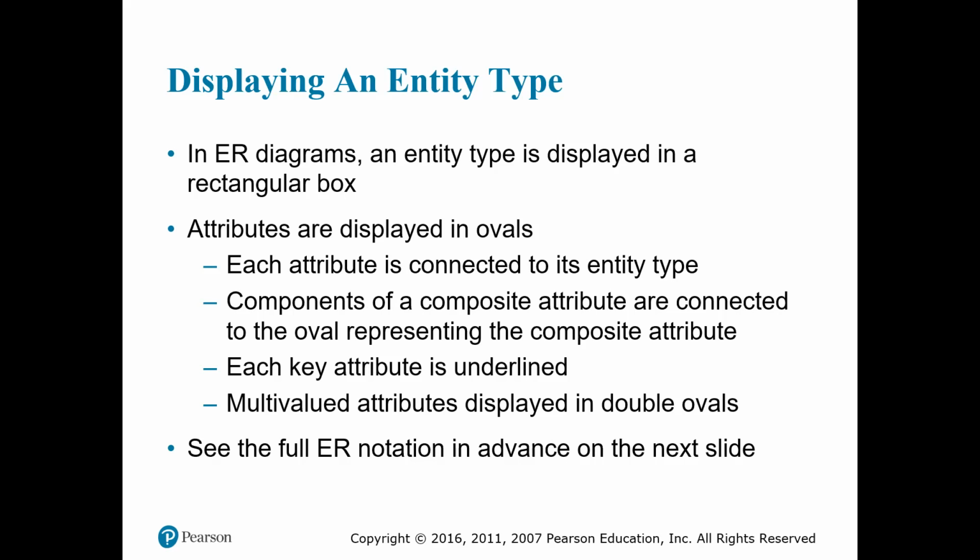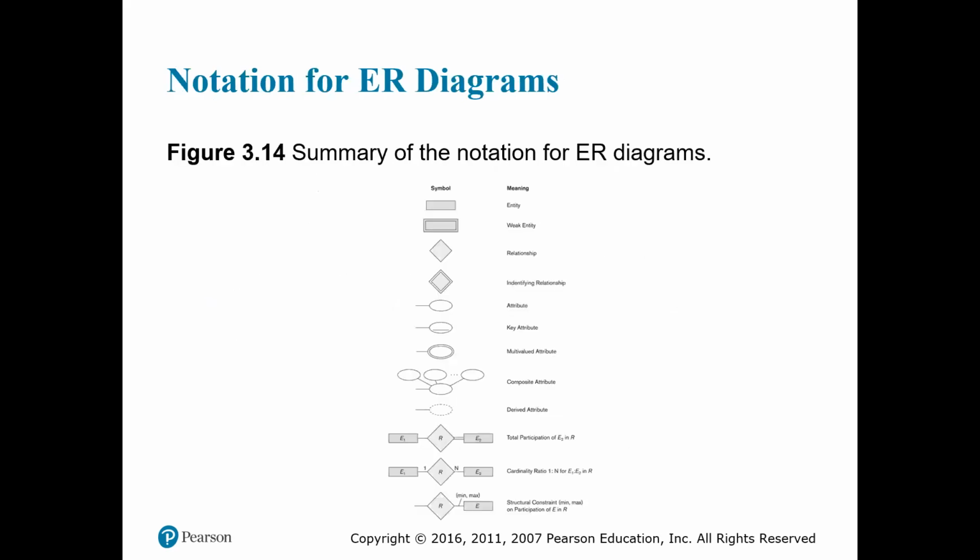Each attribute is an oval drawn with a line, and the keys are underlined. If you can have more than one value, it's in double ovals. There's a cheat sheet for it in the book.